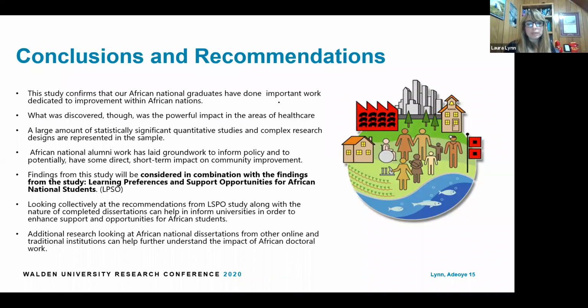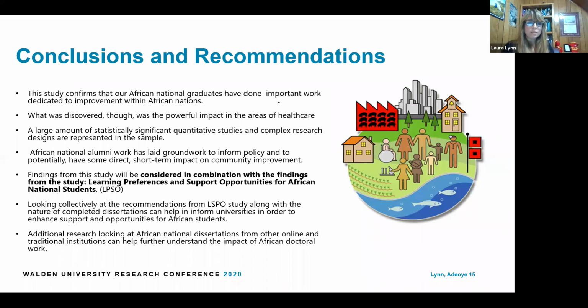So in terms of conclusions and recommendations, as we indicated, we had some ideas and interests going into this, and thoughts based on the experiences we've had with students about the nature of studies. And so the strength was confirmed. There were some things that I found really interesting discoveries even at this initial level, which was how many really strong healthcare studies were being conducted, with real potential for impact in terms of health education practices and approaches.